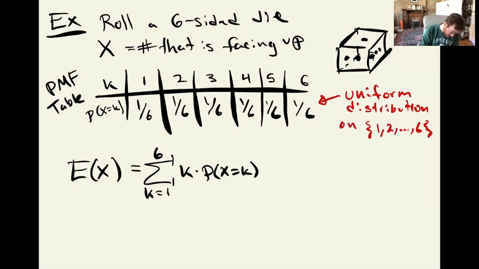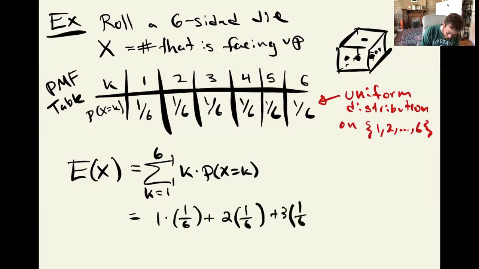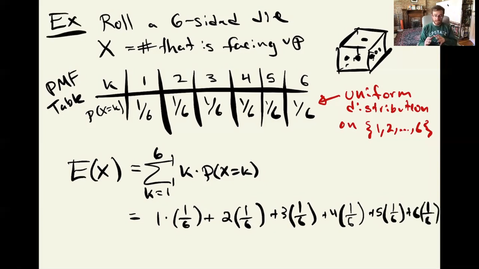Okay, so this looks really algebraic and complex, but if you think about it, it's not so bad. If I write it out the long way, this is 1 times a sixth plus 2 times a sixth plus 3 times a sixth plus 4 times a sixth plus 5 times a sixth plus 6 times a sixth. You might be tempted to go ahead and cancel that 6, but I wouldn't do that yet.